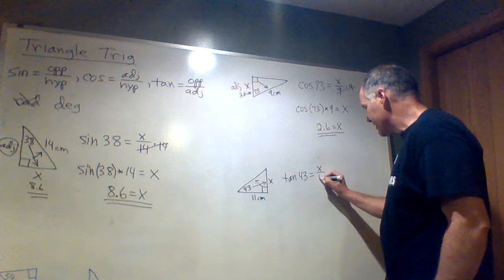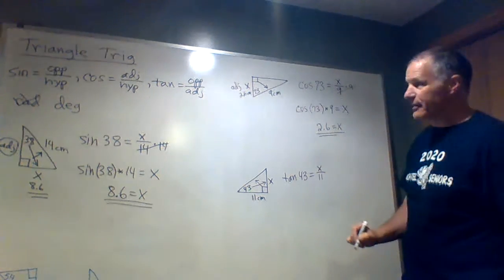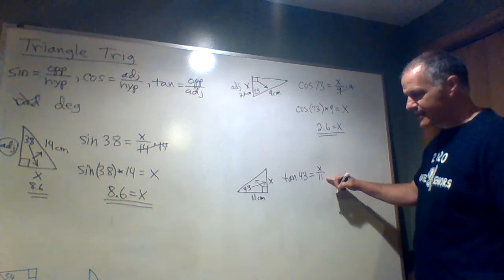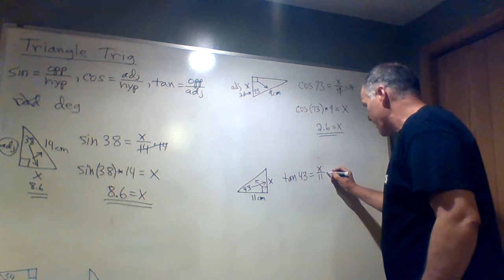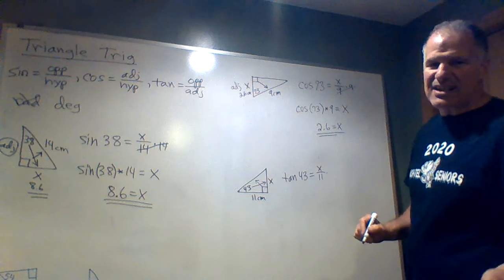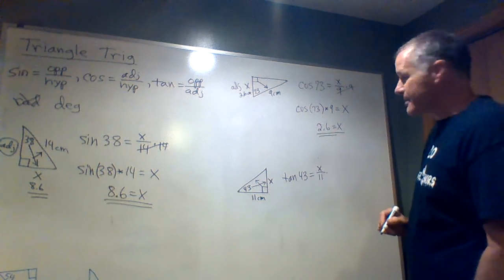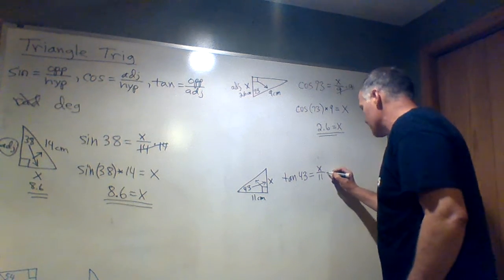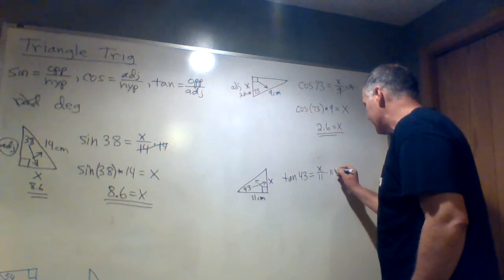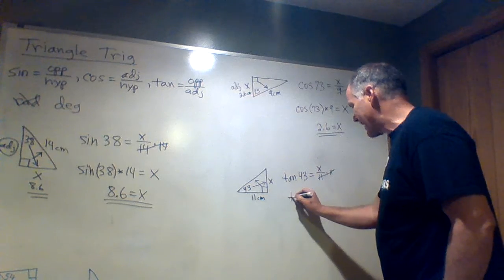See, 11 is my adjacent. That's on the bottom right there. So opposite over adjacent. Now, what's nice, guys, you're solving this the same way. When the x is in the numerator, multiply by 11, which cancels. In the next video, next week, we will do the x in the denominator, okay?